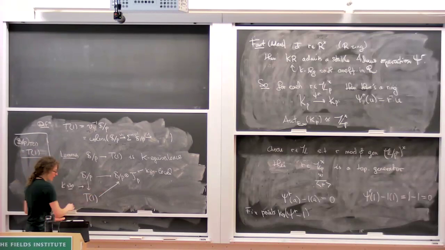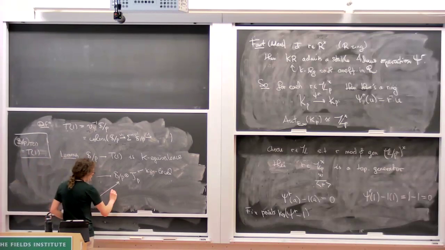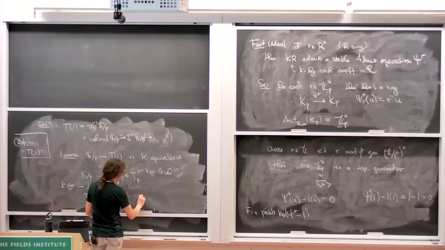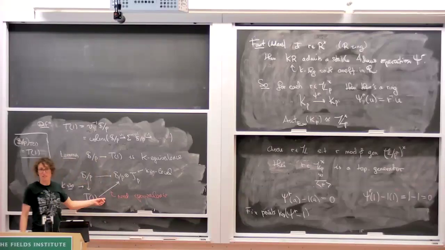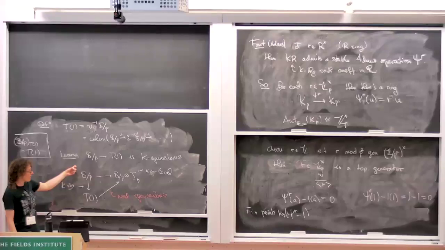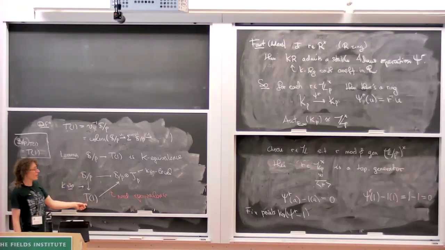So now all we would need is that this is an equivalence. If this is an equivalence, then that means that this one is K local, which means that because this is a K-iso, this is a localization.